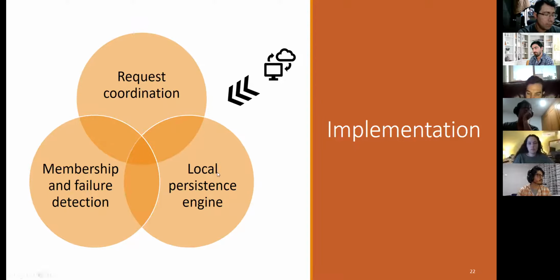The local persistent engine we will talk about in later slides, but it is also about how to perform get and put actions from the server or the client side. And from the membership and failure detection, which we already mentioned, every certain time and at random, the algorithm will ping different nodes in the system and try to detect which ones are dead and which ones are available again to receive new tasks.